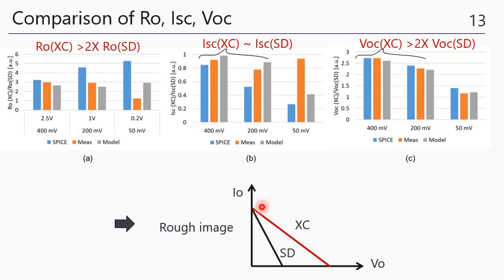The short circuit current is about the same, but the output resistance is two or three times larger in the XC, resulting in the largest VOC right here. And therefore, if this is correct, then the XC charge pump can generate a higher output current than SD.